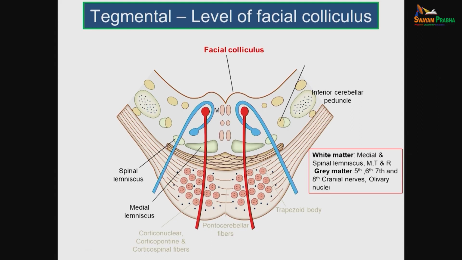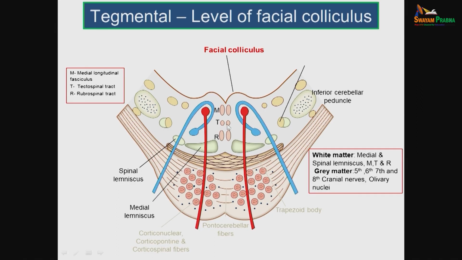Then in the median plane, we have the medial longitudinal fascicle, the tectospinal tract, and the rubrospinal tract. This medial longitudinal fascicle is nothing but the ascending and descending fibers of the vestibular nuclei.